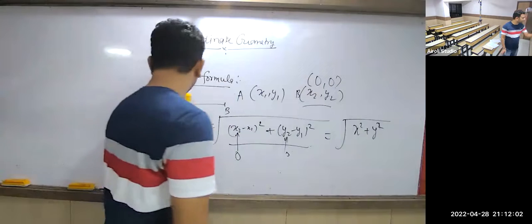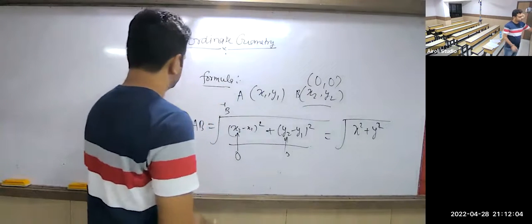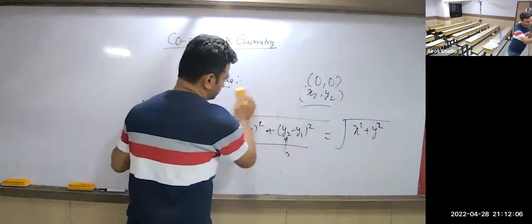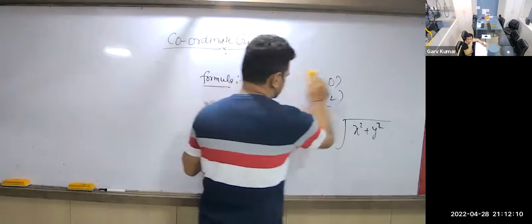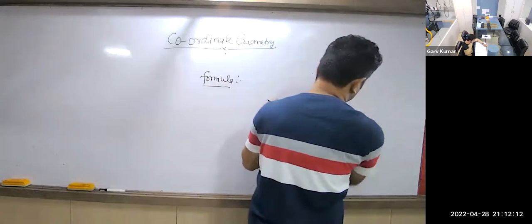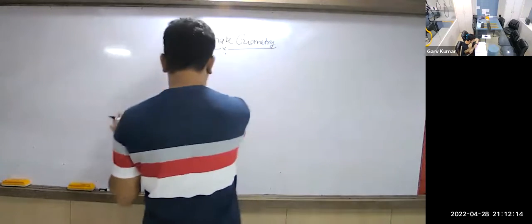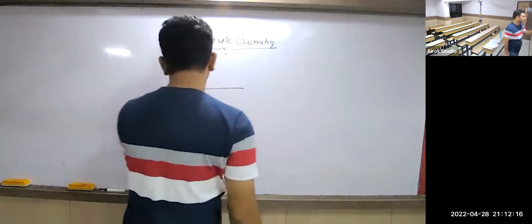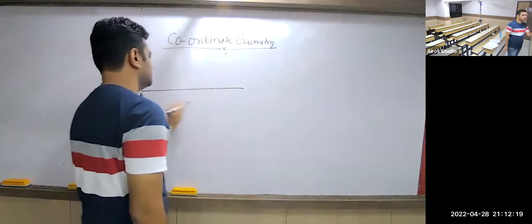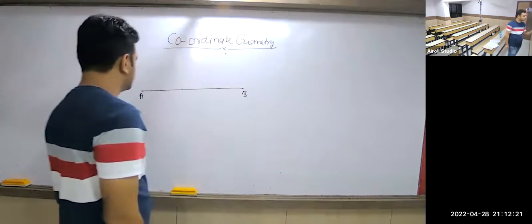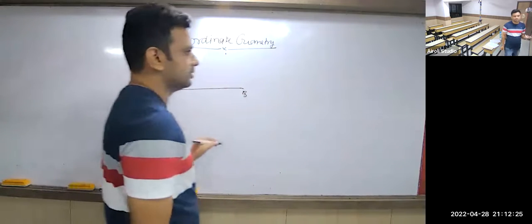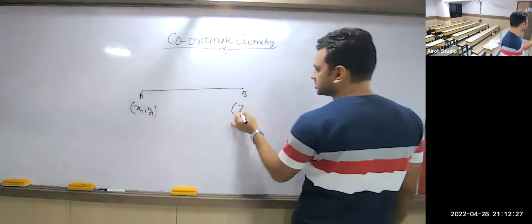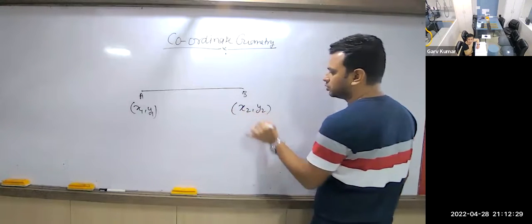Next, we have the section formula. If I have a line segment AB, the first coordinate is (x1, y1) and the second coordinate is (x2, y2).